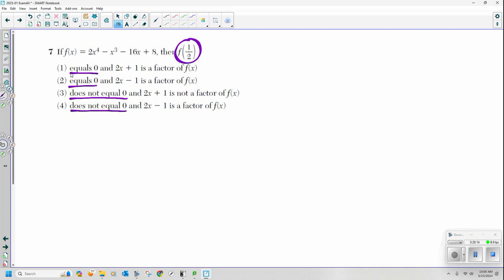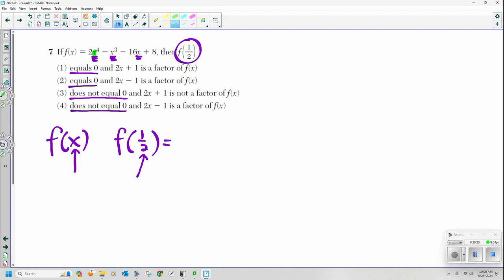So when I find f of 1/2, that used to be f of x, right? That's telling me I want 1/2 in for every x that's in my formula for f of x. So if I'm putting a 1/2 in for this x, I got to put a 1/2 in for all these x's, and then I'm going to solve it.